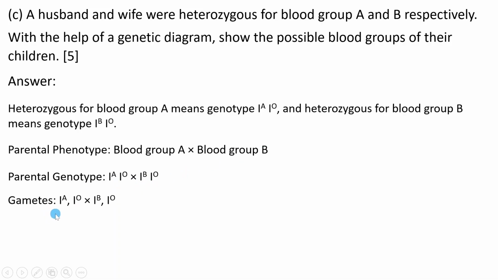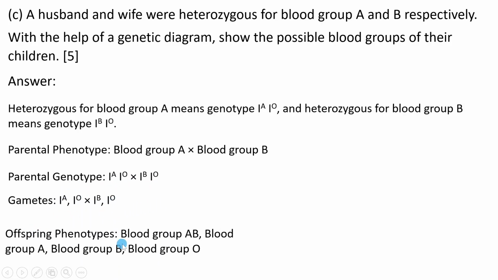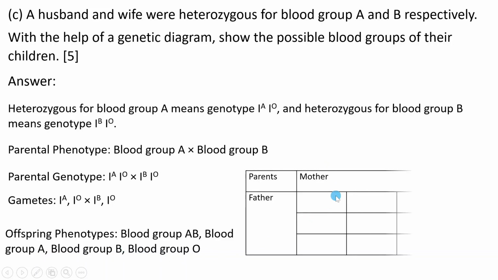Then we are going to look at the gametes. These are the gametes available. Then we'll have offspring phenotype. We'll have blood group AB, blood group A, blood group B, blood group O, as it will be shown by the table here.